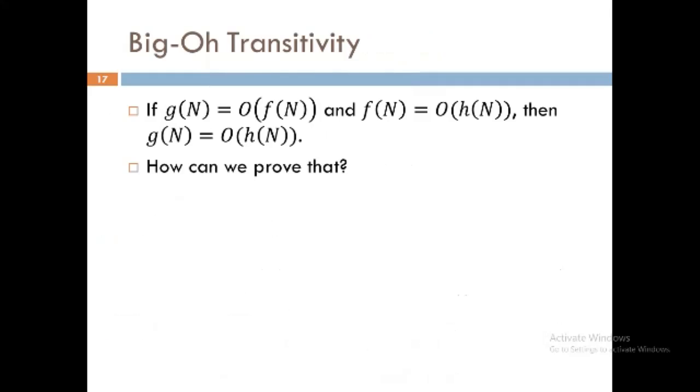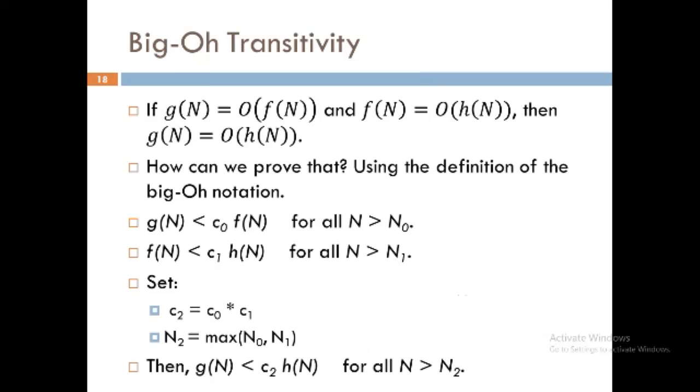Now big O transitivity: if g of n is equal to big O of f of n and f of n is equal to big O of h of n, then g of n is equal to big O of h of n. So how can we prove this? It is proved as follows. Using the definition of big O, g of n is less than c0 into f of n for all n greater than or equal to n0. And f of n is less than c1 into h of n for all n greater than n1.